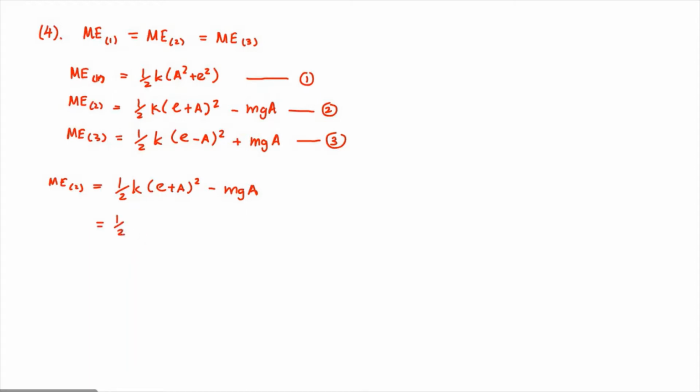I'm going to get 1/2 K, E squared plus 2 times EA plus A squared, minus mgA, and this can be further simplified. 1/2 K, I'll have A squared plus E squared, and then the EA term, the second term in the parentheses, I can pull that out as KEA, because 1/2 and 2 cancel out, minus mgA. So we get to this point.